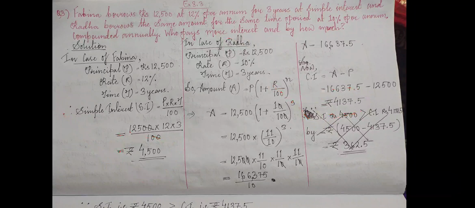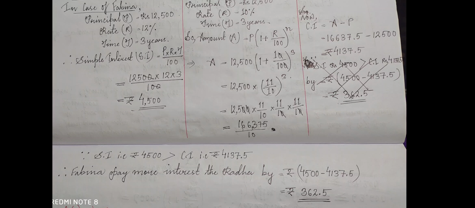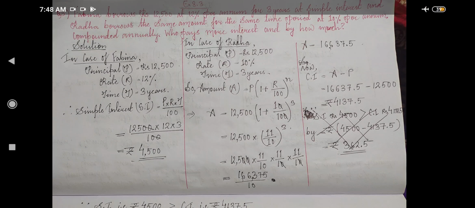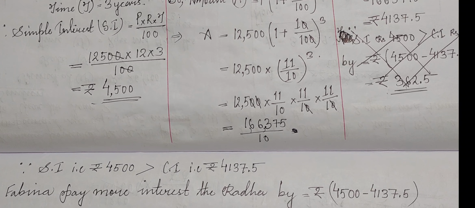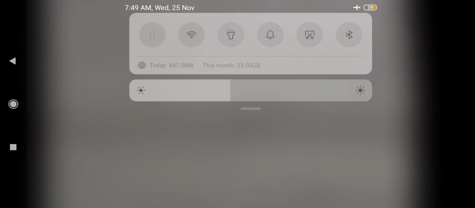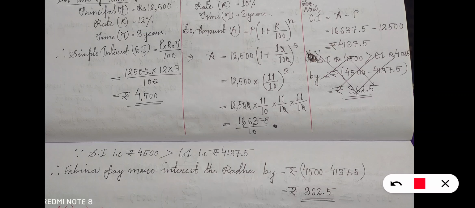Now let's move down further. If you see here properly, you can find simple interest 4500 is greater than compound interest, that is 4137.5.